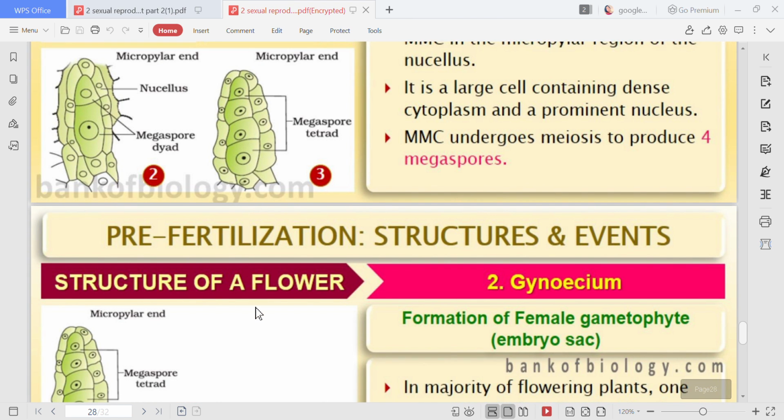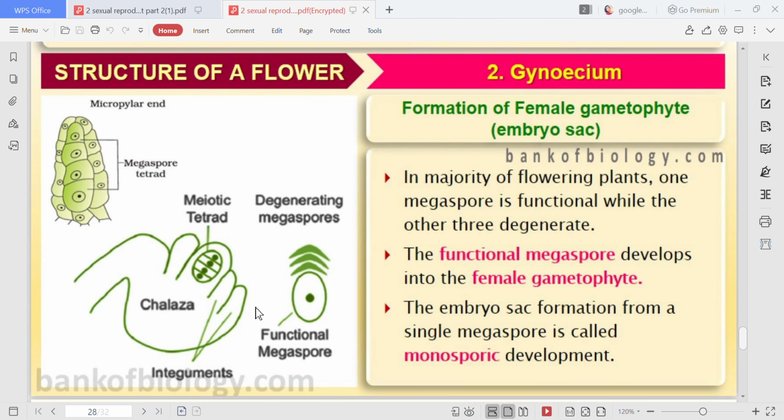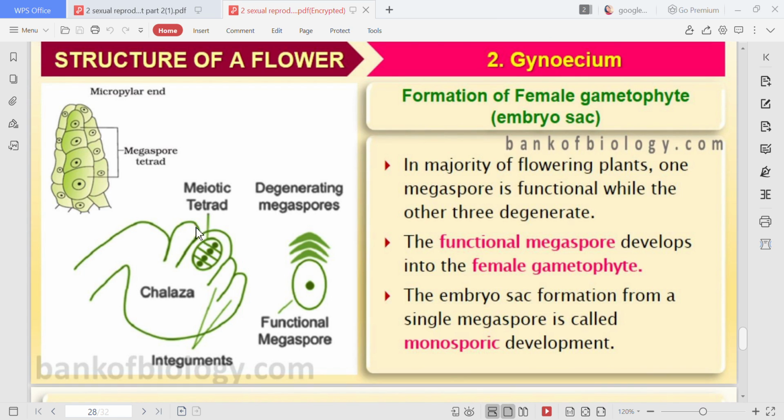Now let's see what will happen to these 4 cells of megaspore. You see, children, these are the megaspore tetrads. In the majority of flowering plants, 1 megaspore is functional and the other 3 degenerate.